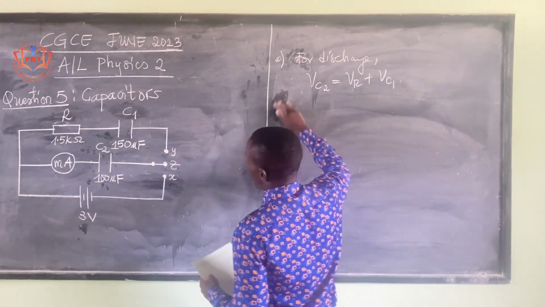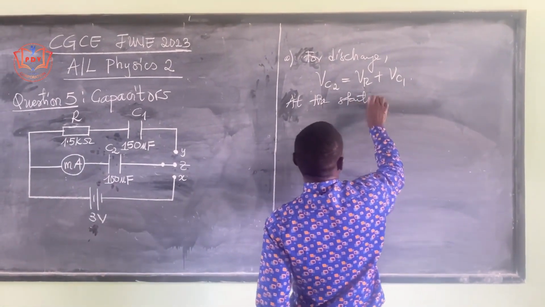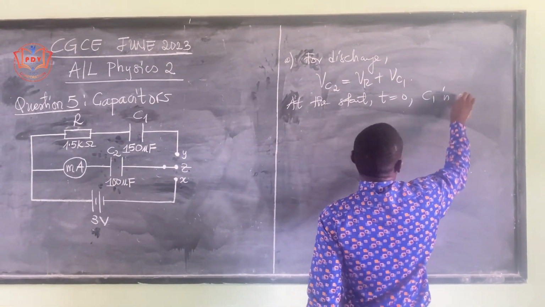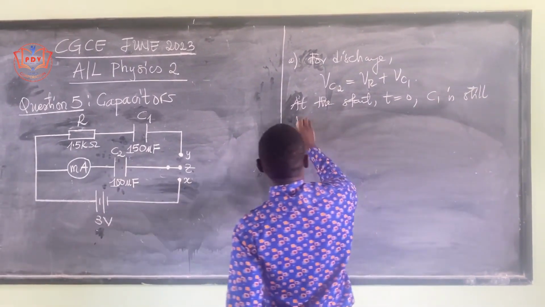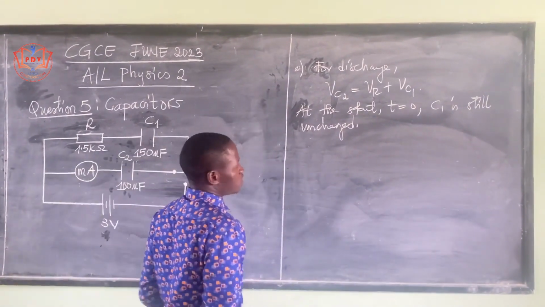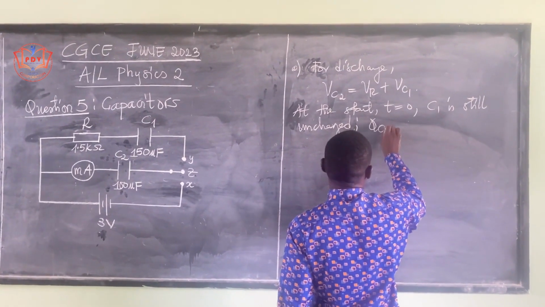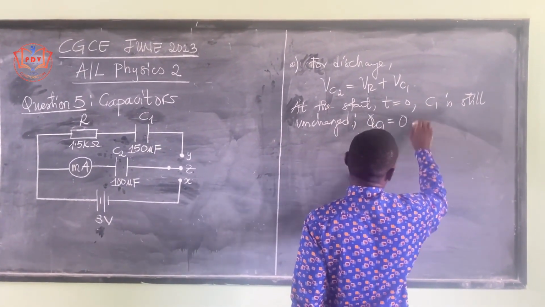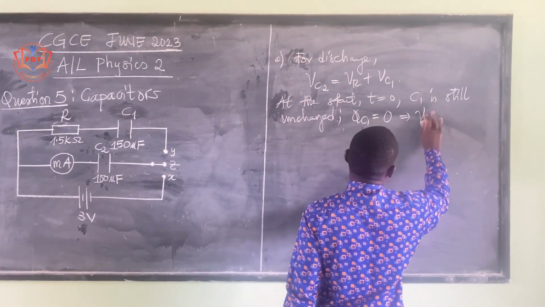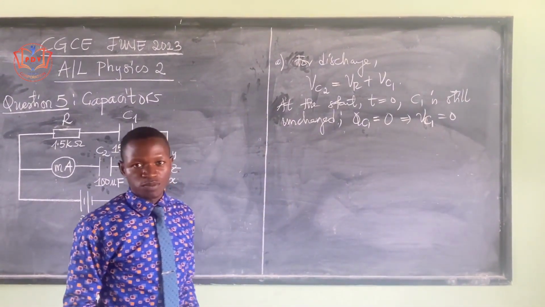Now we are asked for the current at the start. So at the start of the discharge, at t equals 0, C1 is still uncharged. Uncharged means that Q for C1 is 0, and when the charge is 0, the PD across C1 is also 0.